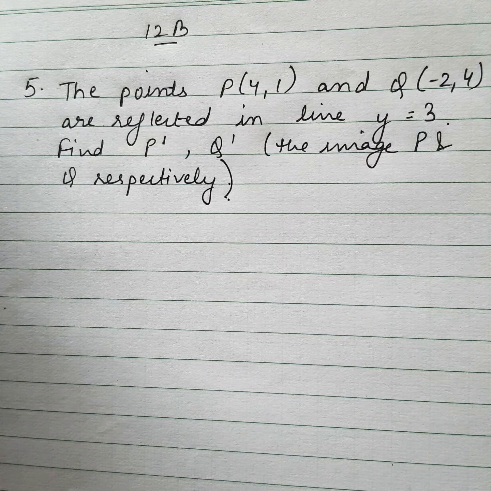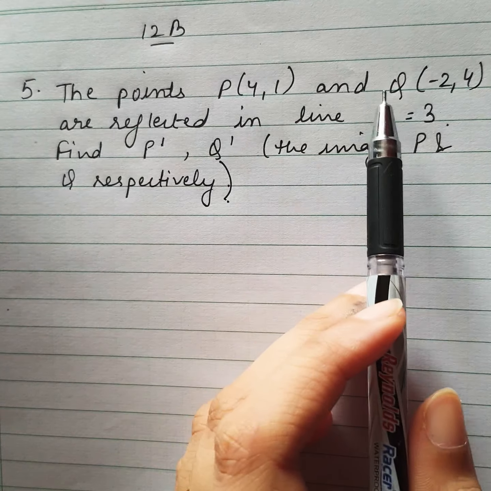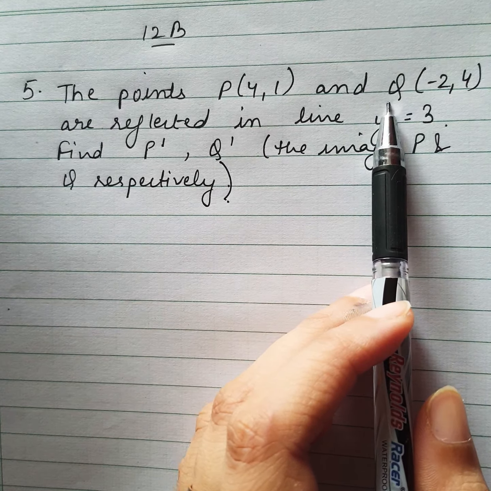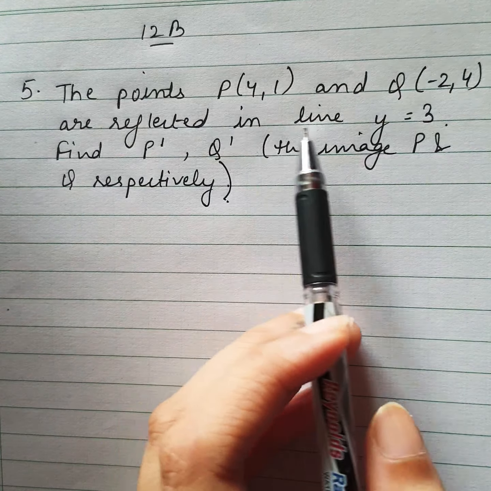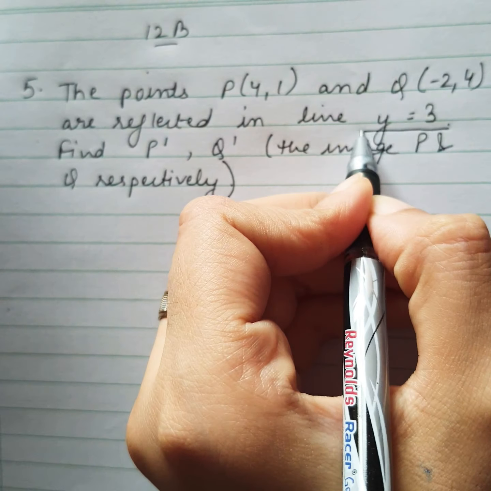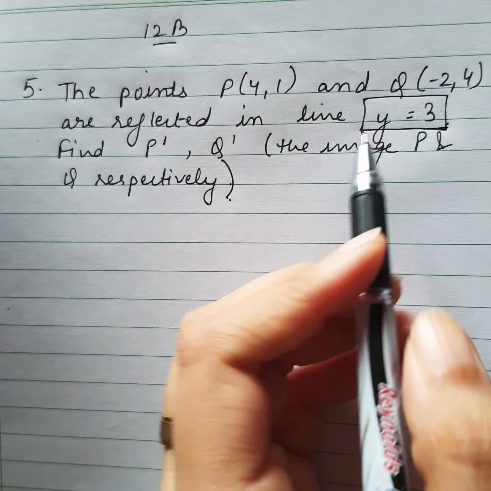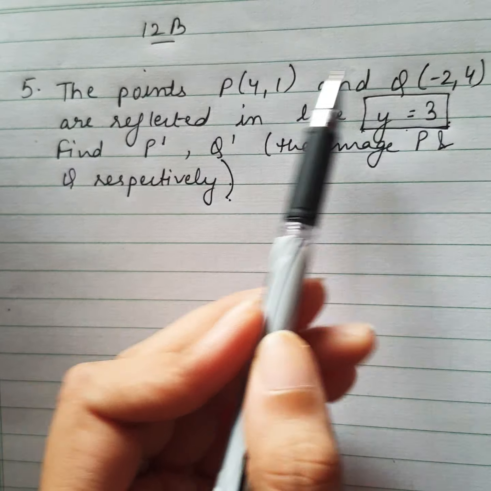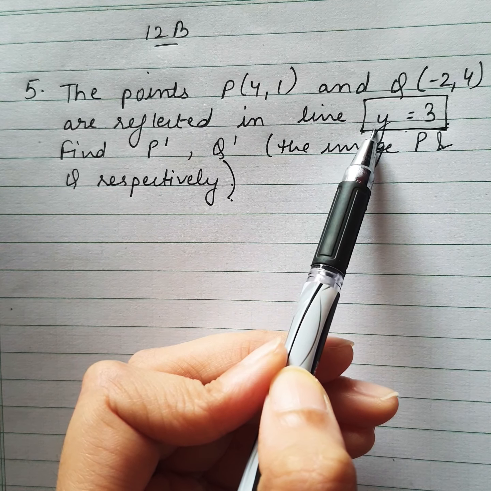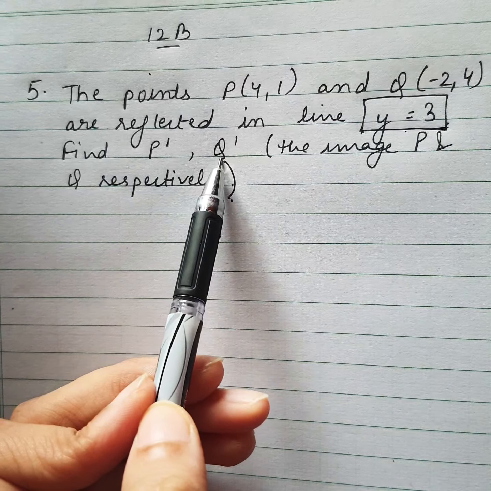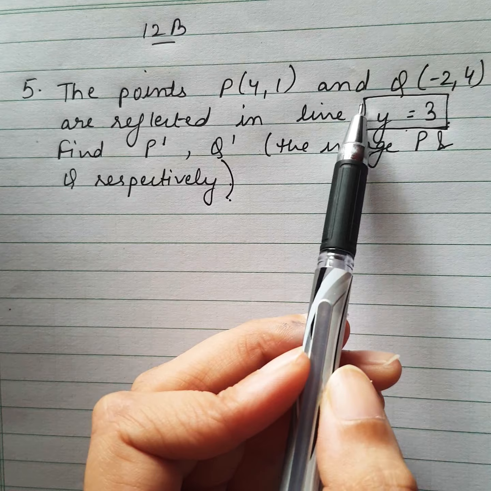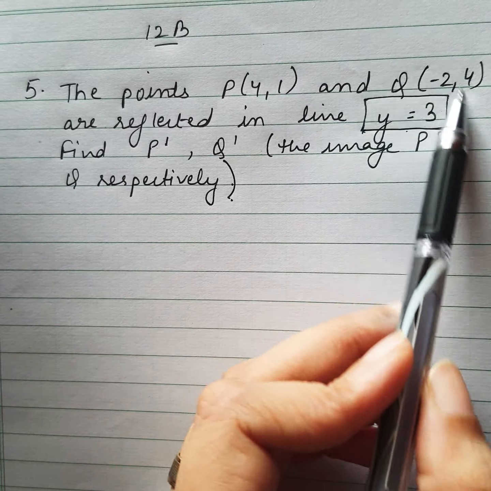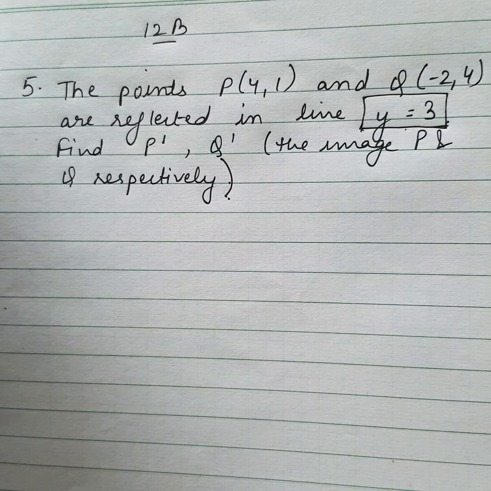Now another type of question: the points P and Q with the given coordinates are reflected in a line. Now the line is not the x-axis or y-axis, the line is y equals 3. We need to reflect points P and Q along this line and find the images. So first we need to plot this particular line on the graph paper. Let's do it.